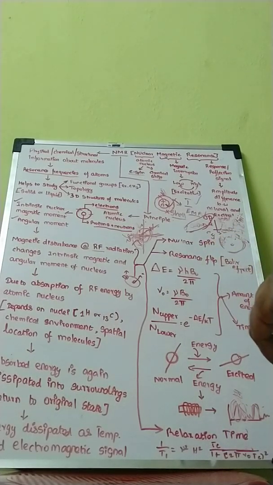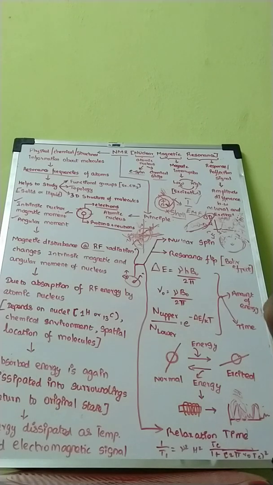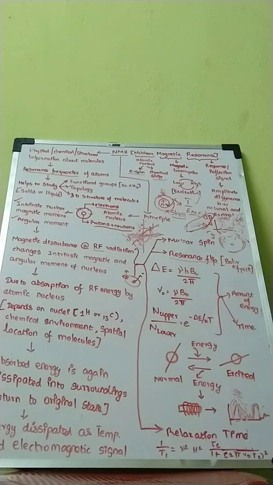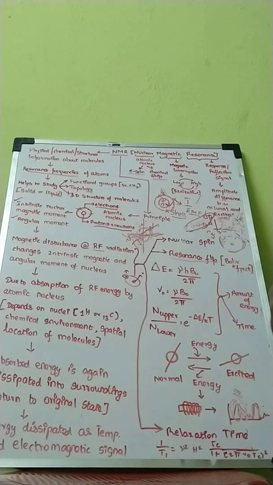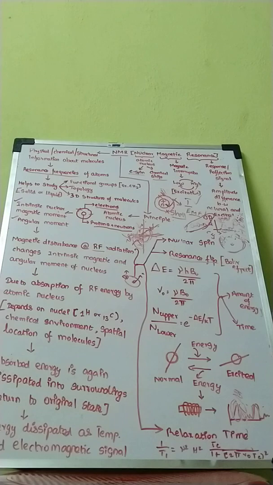I told you, when you are slapped by an enemy, you will show an aggressive response. But if you are slapped by your own friend, you will not show a similar aggressive response. You will try to think for a while. So this is the difference. This reflective nature is what we call resonance flip. This resonance flip is studied with three things.